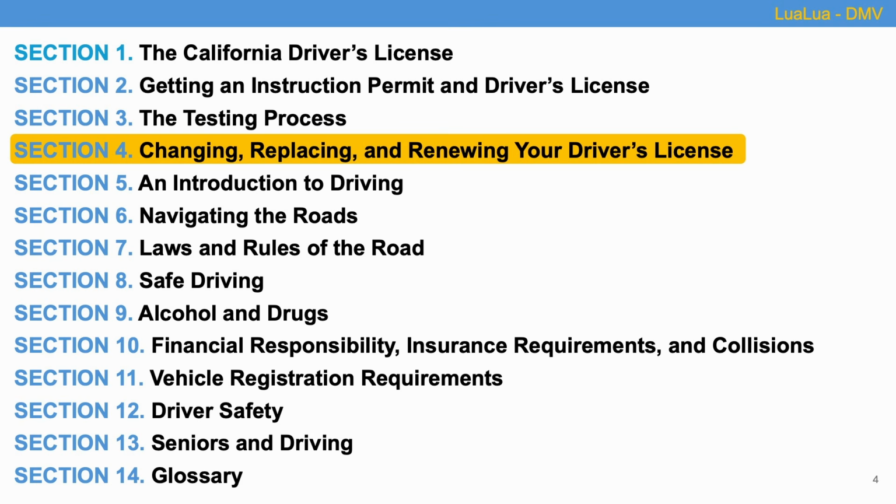To renew or replace a lost, stolen, or damaged driver's license, visit dmv.ca.gov/dualservices. If ineligible to renew online, visit a DMV office. Before the DMV can issue you a driver's license, you may need to provide additional proof of your identity.